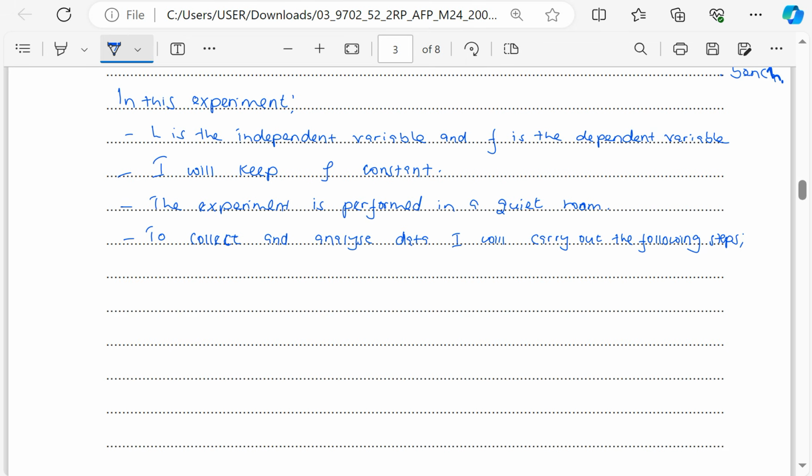Step number one, it's always good to number your steps because you may want to refer to any step. Step number one, of course, I'm going to measure the length of the rod.